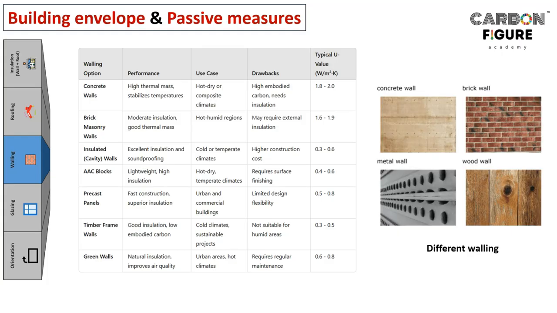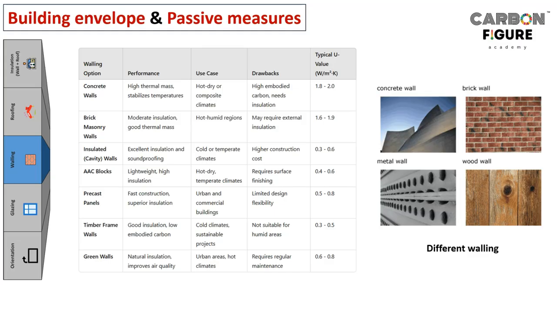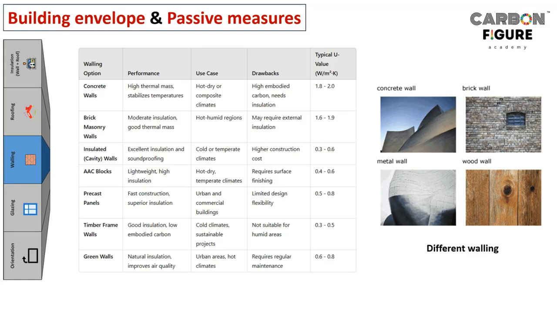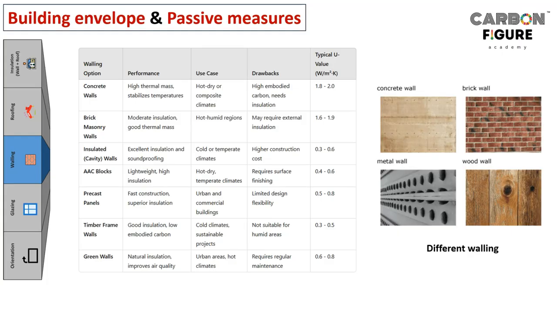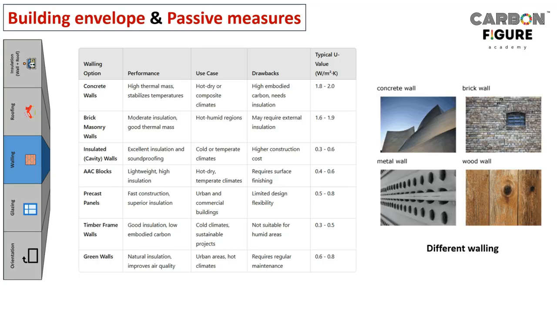Then insulated or cavity walls. It is a simple brick masonry wall, but constructed with a gap between one wall thickness and another, right? So that shows excellent insulation and soundproofing because there is a vacuum layer in between.